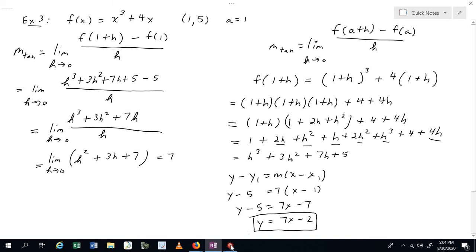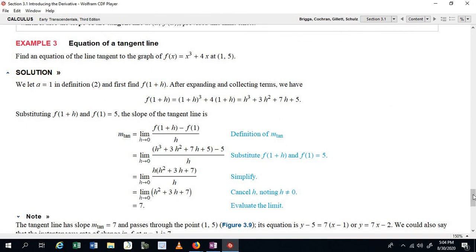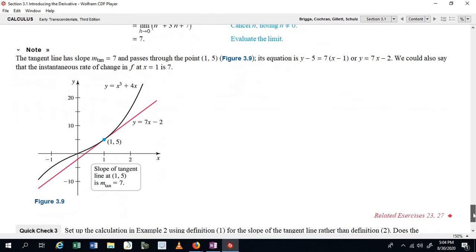Now, just to finish this off, let me show you the graph of this. The graph of this function x cubed plus 4x looks like this. And then the tangent line at this point 1 comma 5 looks like this, 7x minus 2.